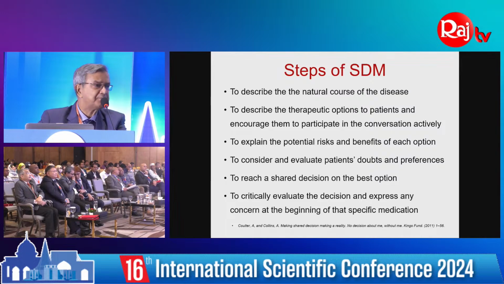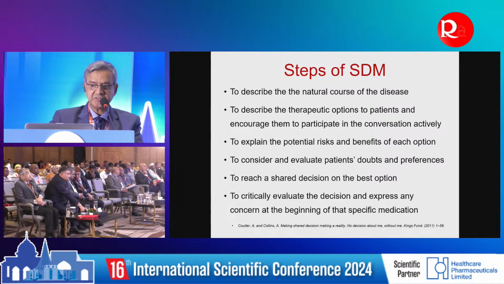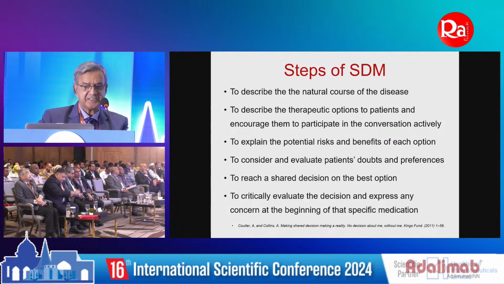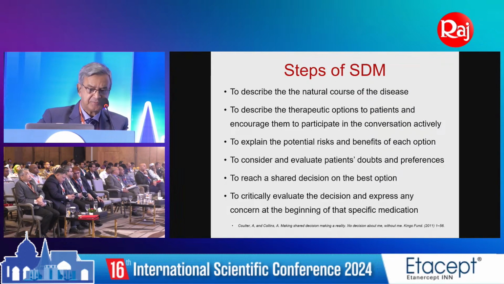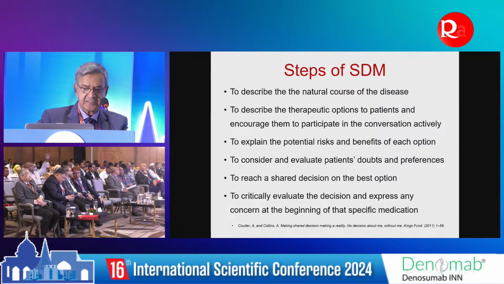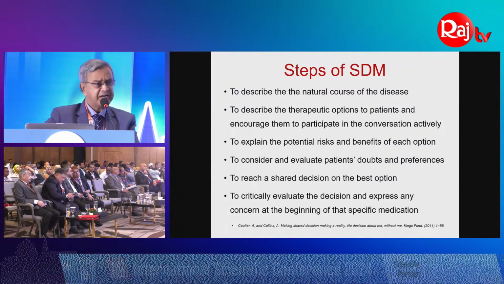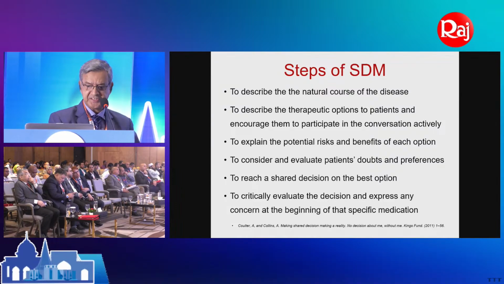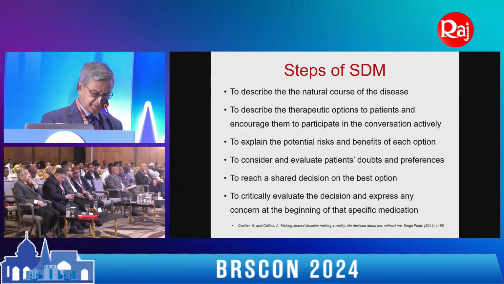We have to first describe the natural course of the disease, describe the therapeutic options to patients, and encourage them to participate in conversation actively, explain the potential risk and benefits of each option, consider and evaluate patients' doubts and preferences, reach a shared decision on the best option, and critically evaluate the decision and express any concern at the beginning of that specific medication.